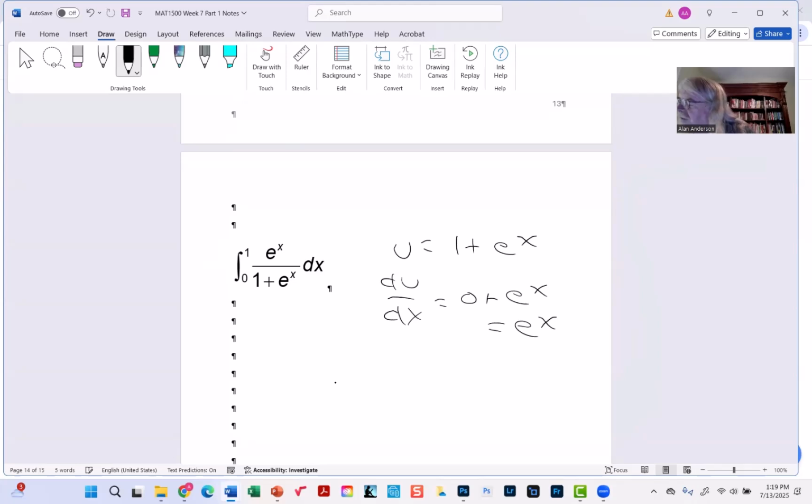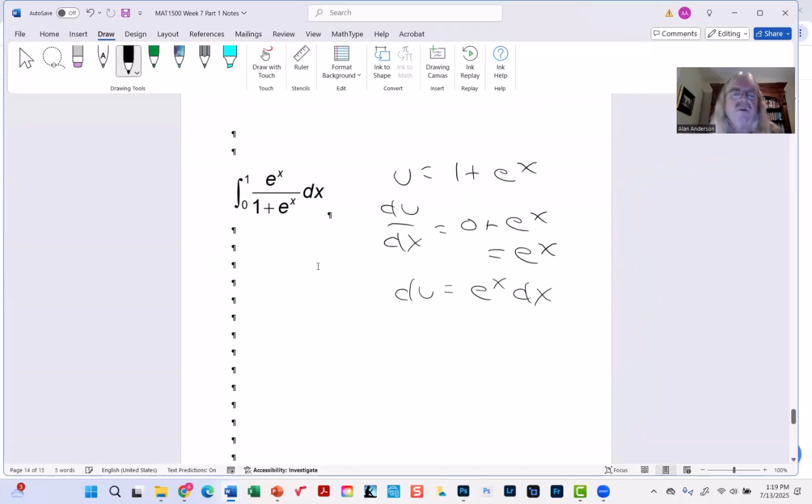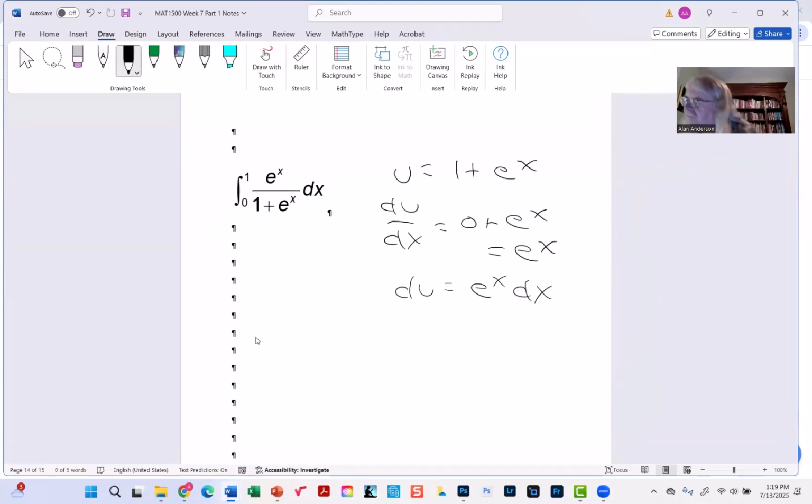And that means that du is e to the x dx. So I rewrite this a little bit. Also, remember, I have to change the limits of integration.